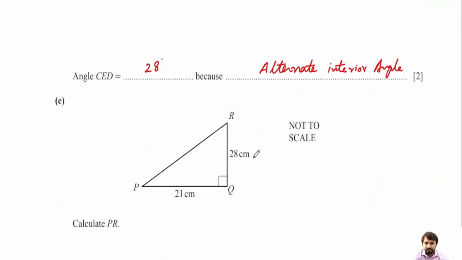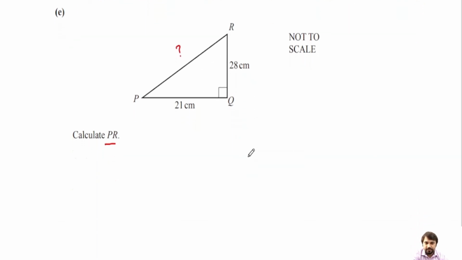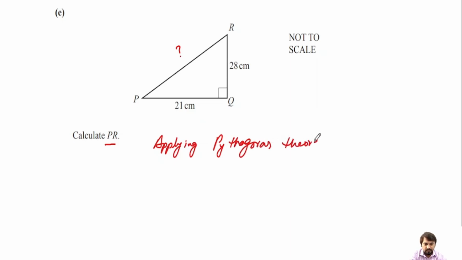Okay, the next one is part E. In part E, we have a right angle triangle and we have to calculate PR, this side. We are going to apply the Pythagoras theorem on triangle PQR.